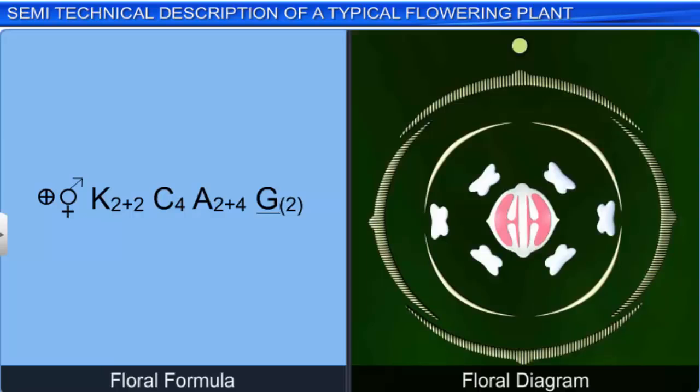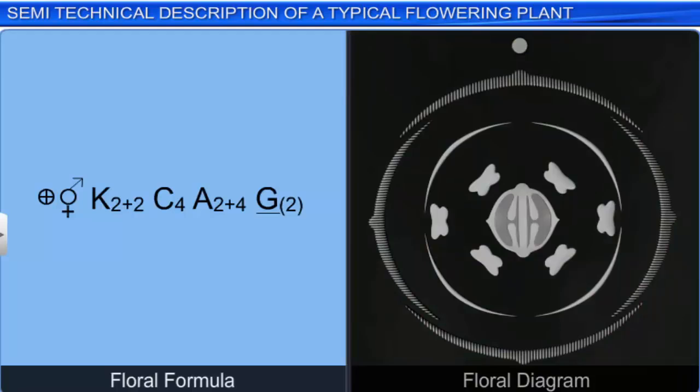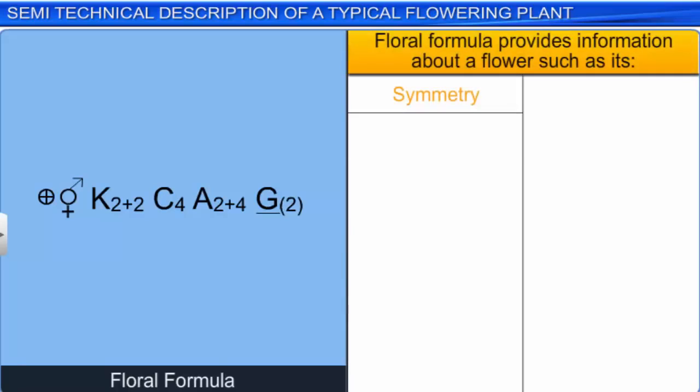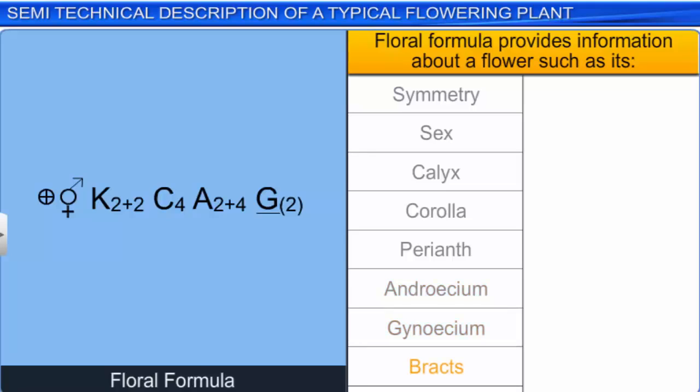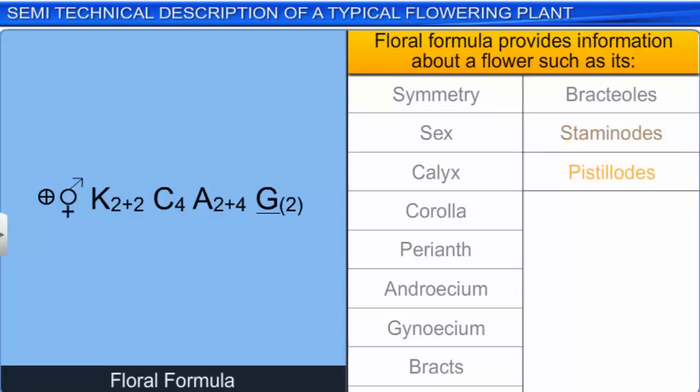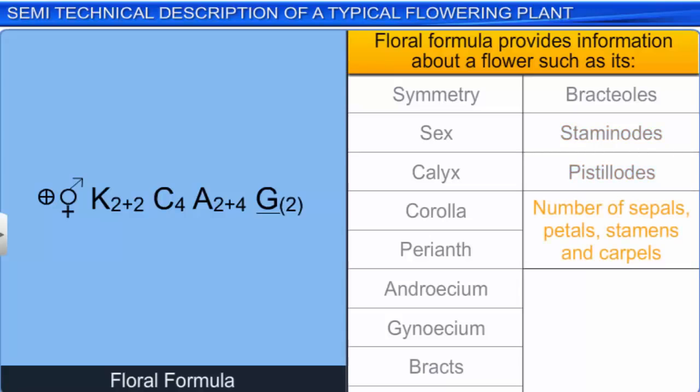The floral formula is represented by a set of symbols and provides information about a flower such as its symmetry, sex, calyx, corolla, perianth, androecium, gynoecium, bracts, bracteoles, staminodes, pistilodes, and the number of sepals, petals, stamens, and carpels.